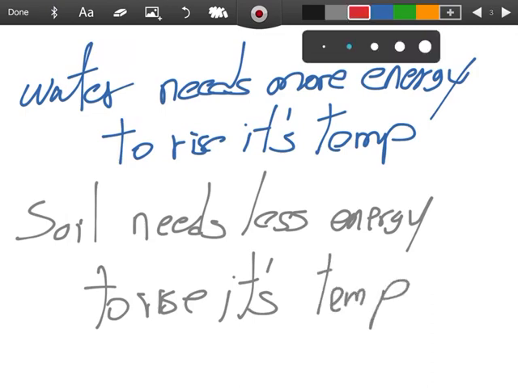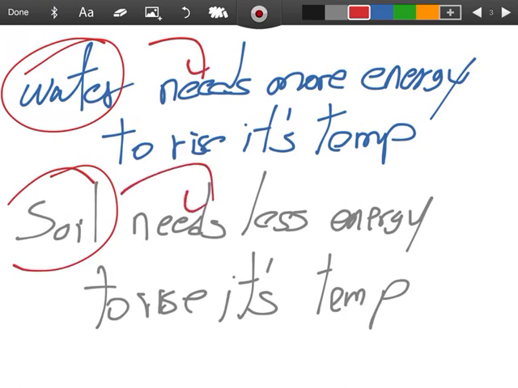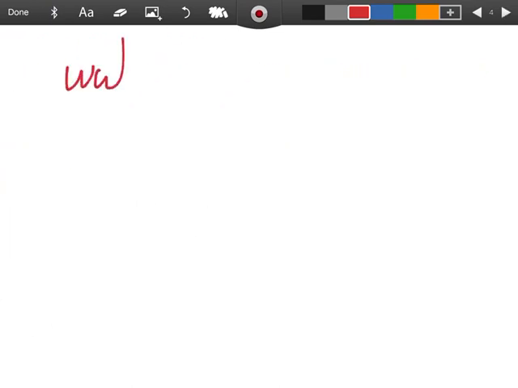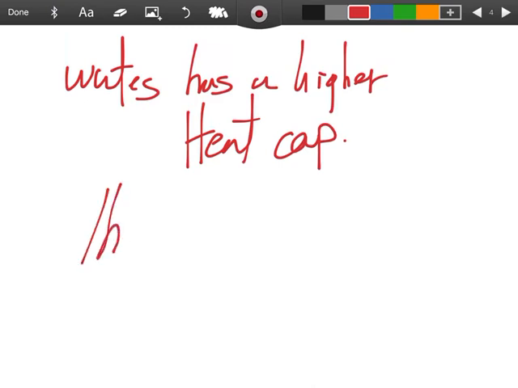And basically, all these behaviors depend on what? On the substance itself. Water needs more energy, soil needs less energy. So meaning that water has a higher heat capacity than soil, right?